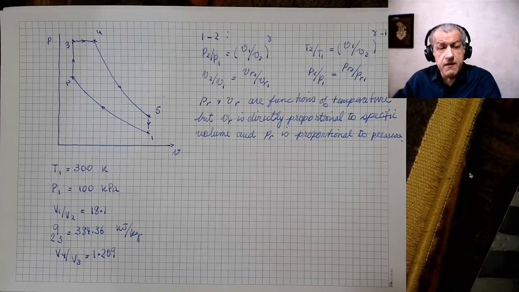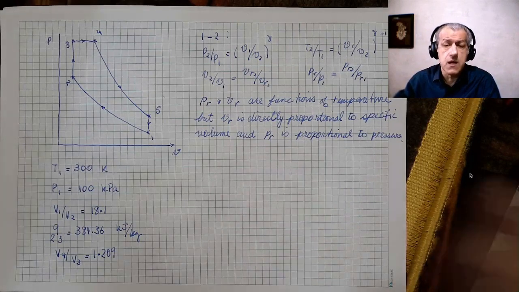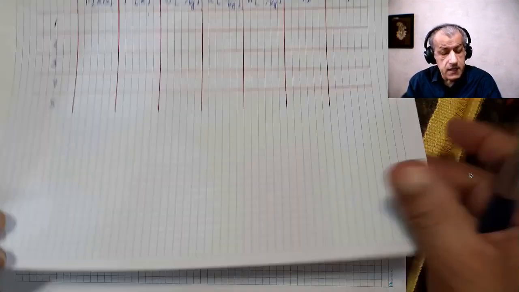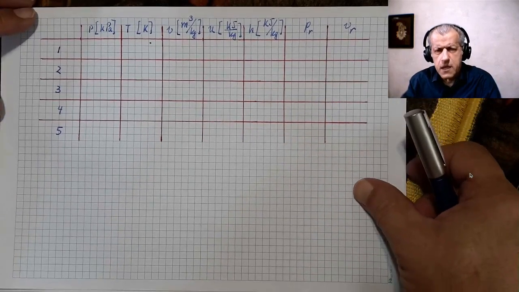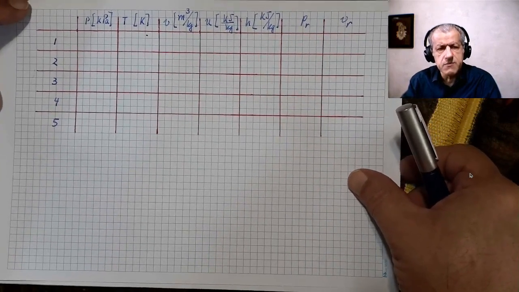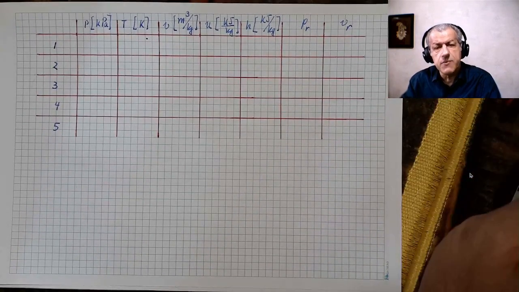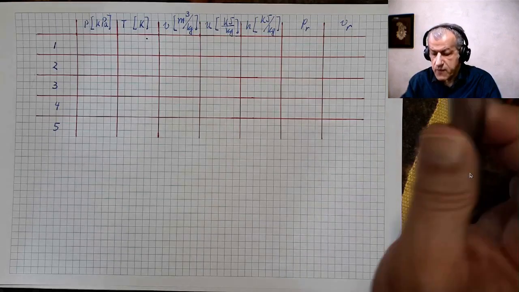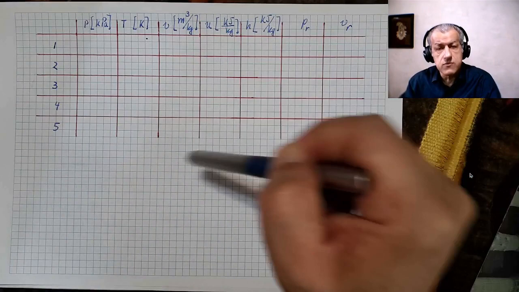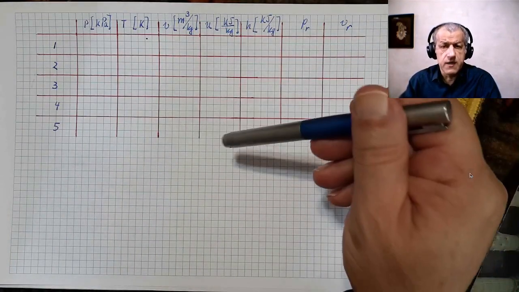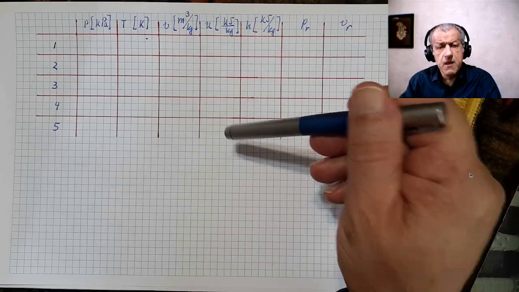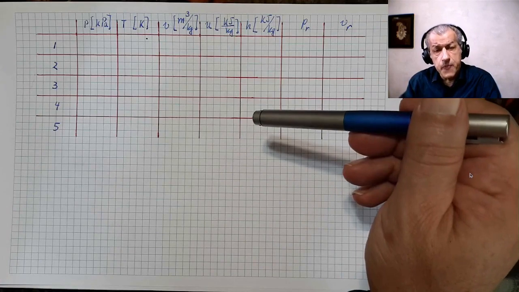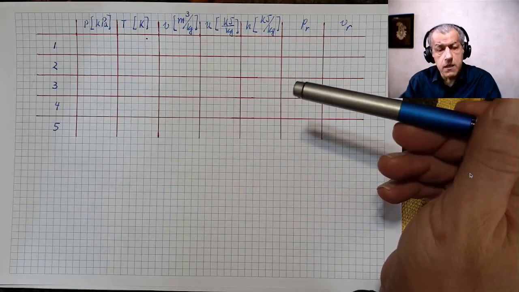You see, a very key way to solve this problem is to find properties at different points. And it's just a good practice for all cycle problems. I would recommend this practice for every problem that has a cycle: draw a table just like this, and then place different values. The first thing you should do is to find different properties and fill in this table, and then it would be very easy to proceed with the rest of the solution.